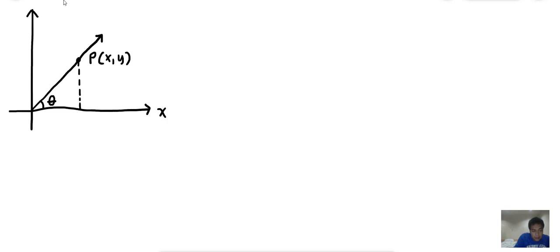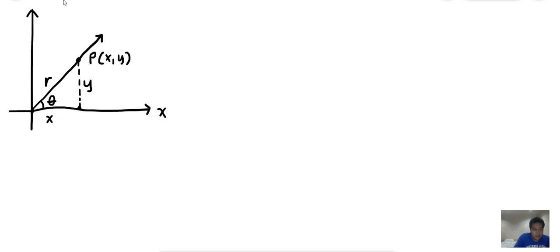We know from our previous discussion that this length from this point to this point is x, and this height from this point to this point is y. And from the origin to point P, the distance is r. Okay, now let us consider the right triangle formed by the sides x, y, and r.